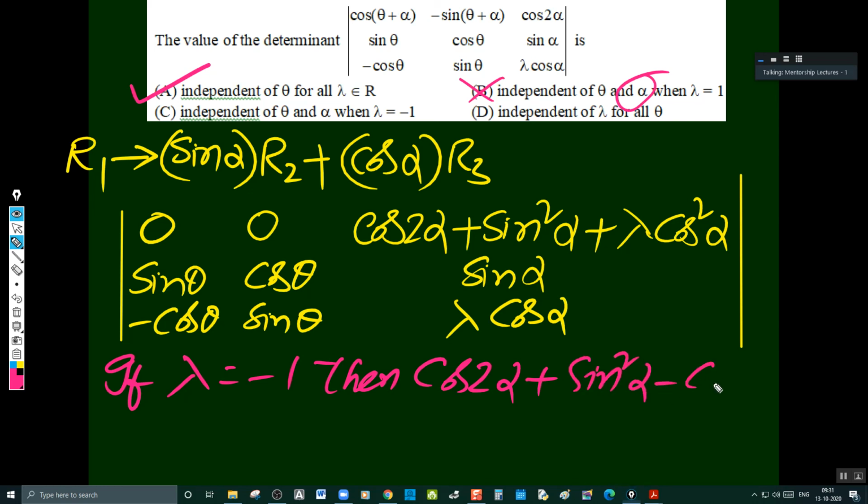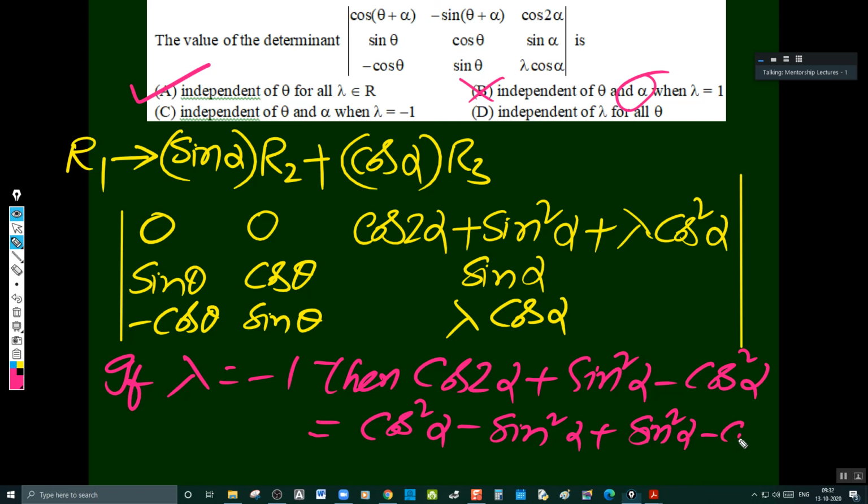Cos 2 alpha formula everybody knows: cos square alpha minus sin square alpha plus sin square alpha minus cos square alpha totally becomes 0. And hence this becomes 0, meaning the value of the entire determinant becomes 0. When this element becomes 0, the value of the entire determinant becomes 0, and hence it is independent of theta and alpha where lambda is equal to minus 1. So A and C are the correct options.